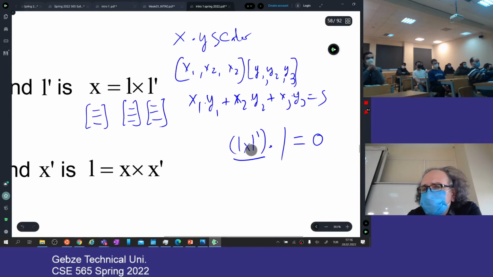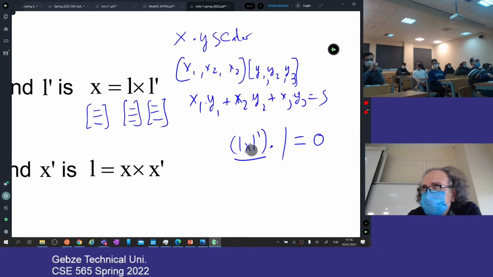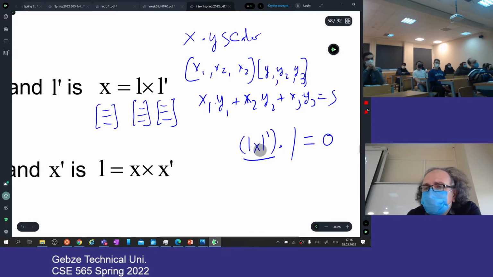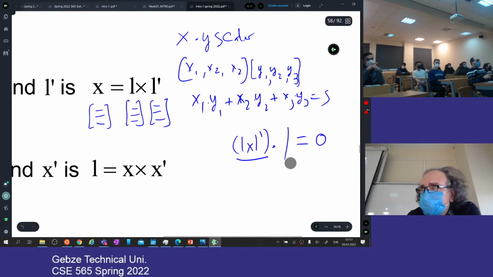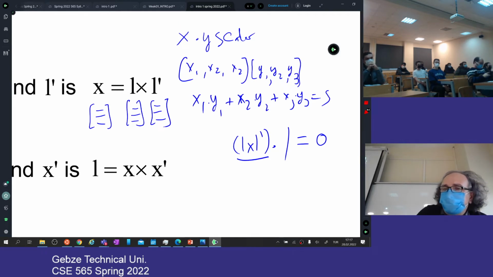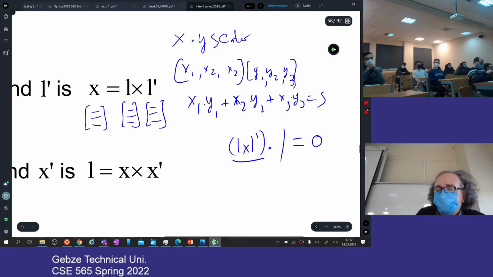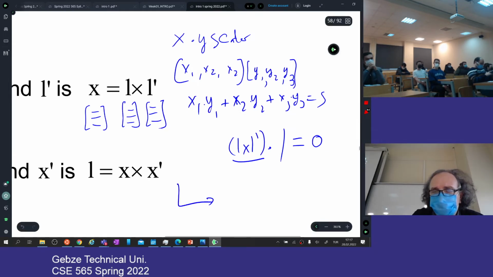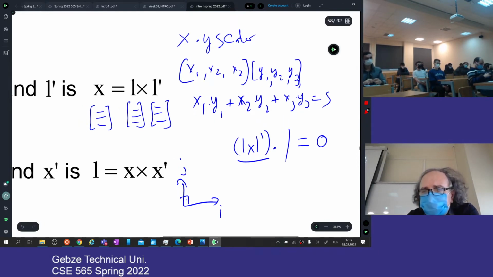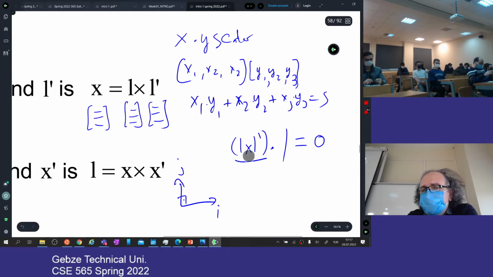So I am producing something perpendicular to both of these lines, and if I multiply this three-dimensional thing with L, that means I am multiplying two things that are perpendicular with a dot product, and the definition of the dot product says that you should produce a zero, because if two things are perpendicular, then if this is I and this is J, the dot product should produce a zero. I know this one. Well, then in that case, what kind of thing is this so that it produces zero?